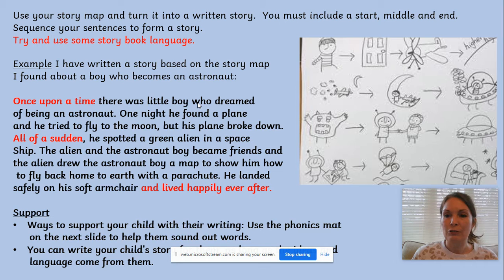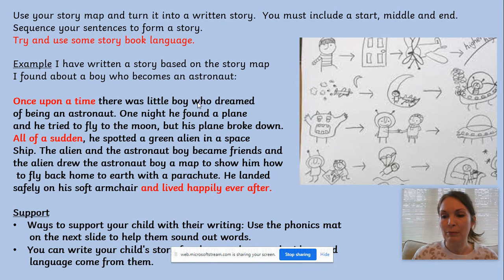So the boy astronaut had to leave his plane on the moon, but he got a parachute and he safely sailed back down to Earth and landed on his favourite armchair in time for tea. The end.